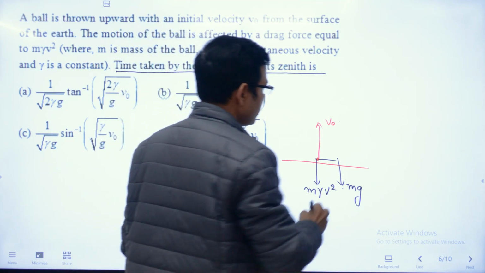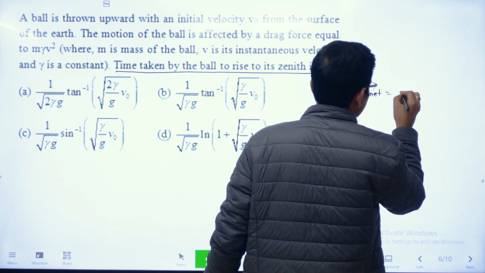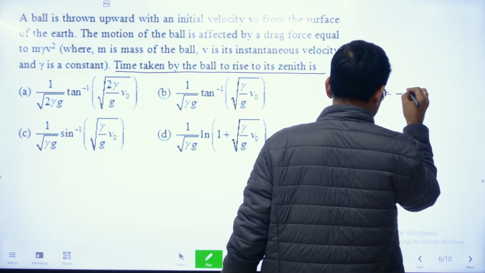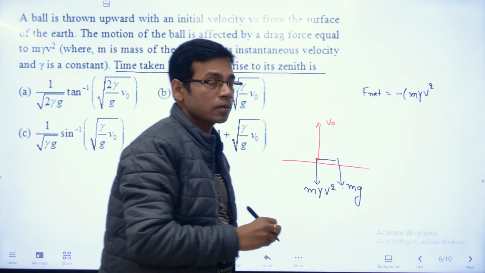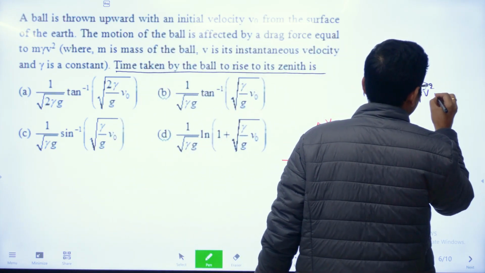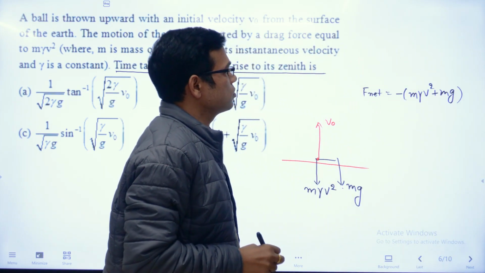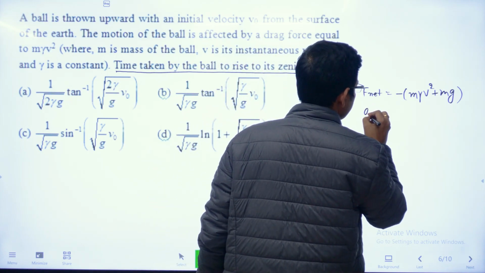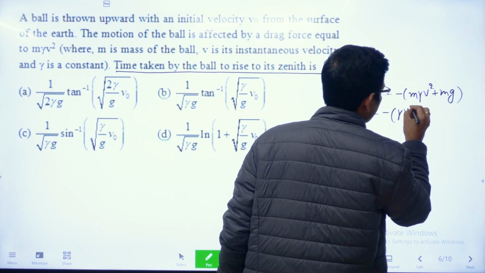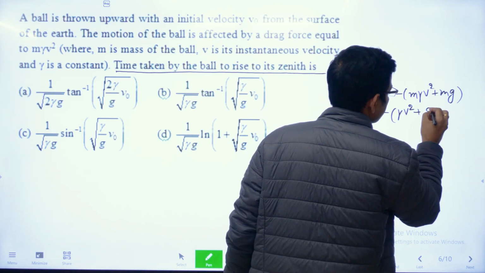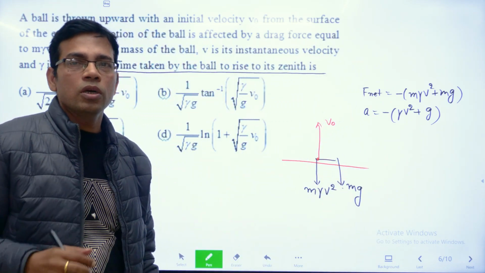Net force that is F net is equal to minus m gamma v square plus mg, यानी कि एक्सेलरेशन is equal to minus of gamma v square plus g. This is the net acceleration that is acting on the ball.